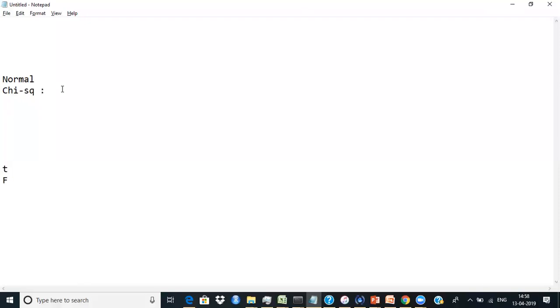Chi-square distribution is produced if, let's say, you have x1, x2, dot dot dot variables that follow standard normal.